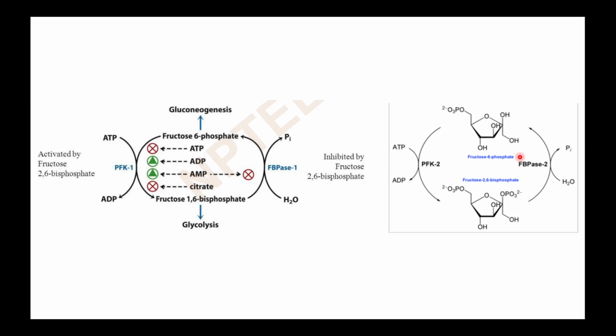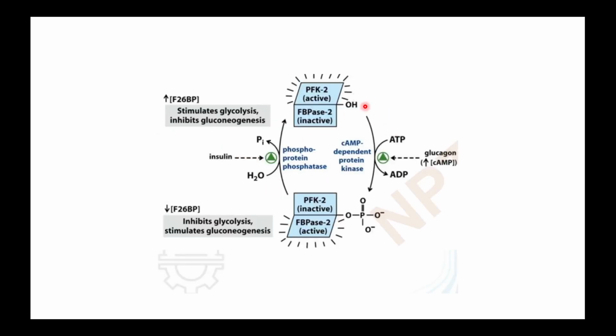Okay, and how this fructose 2,6 bisphosphate inhibits or activates PFK1 and FBPase1, that we'll see. So this is this bifunctional enzyme, PFK2 and FBPase2.